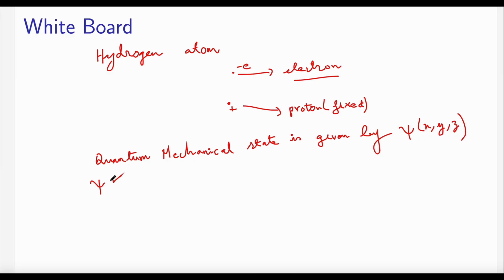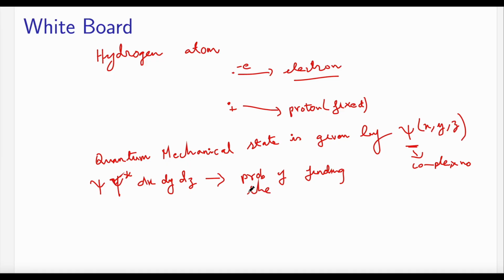So psi star, that is psi multiplied by its complex conjugate, since psi can be a complex number, and then dx, dy, dz, what does it imply?